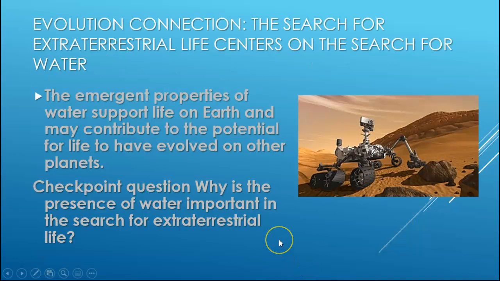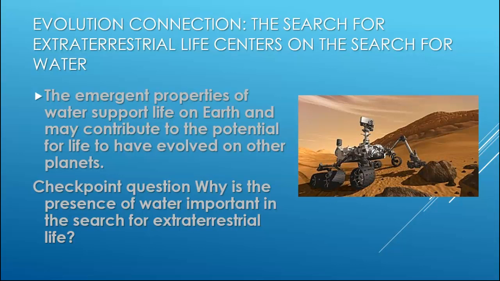All right, one more thing. When we're looking for life on other planets, we're looking for water. Now, I said earlier that every living thing on Earth requires water, and we assume that is the case with life in other places.